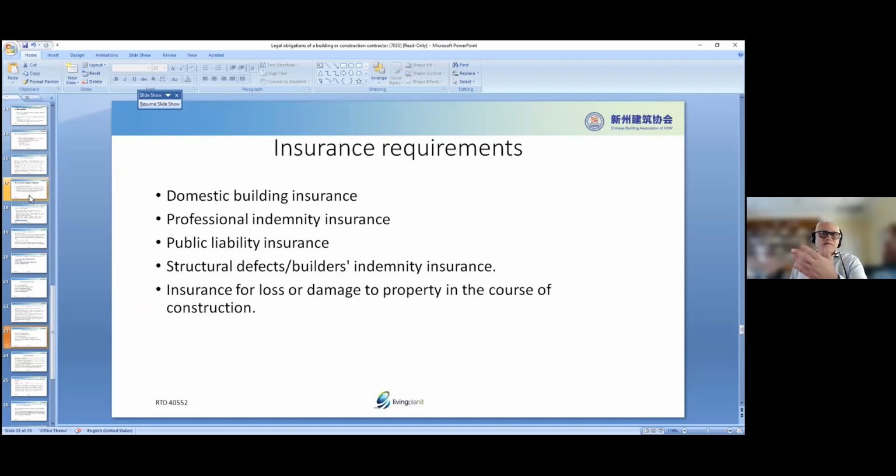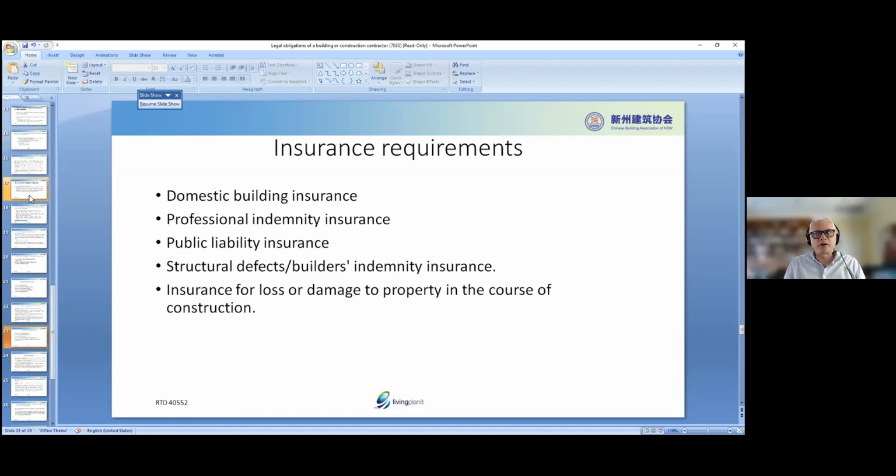And what they call structural defects, builders indemnity insurance, well, you can insure for anything. If you insure for structural defects that happen, that means that your premiums will be very, very high if you want to protect yourself against something that is not normally protected. We don't normally protect against structural defects, okay?